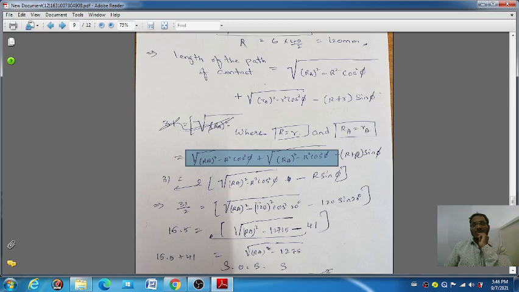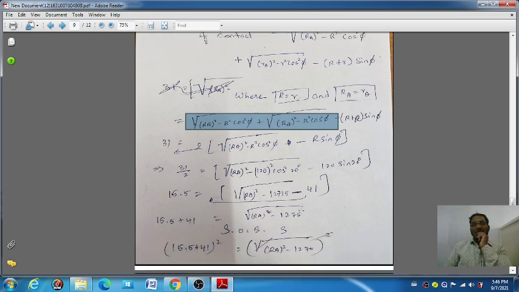Okay, now substitute the value here. We don't know RA, we know R. Substitute the value of R when we know the angle. Then we will get under root of RA square minus 1276. Here we will get the value 15.5 plus 14.441.